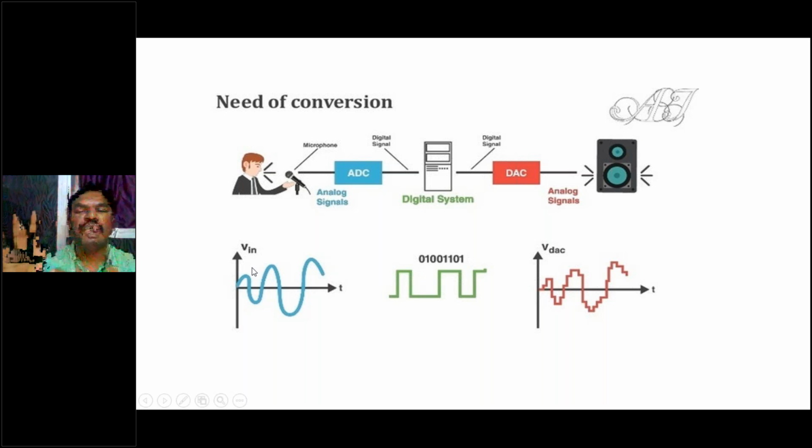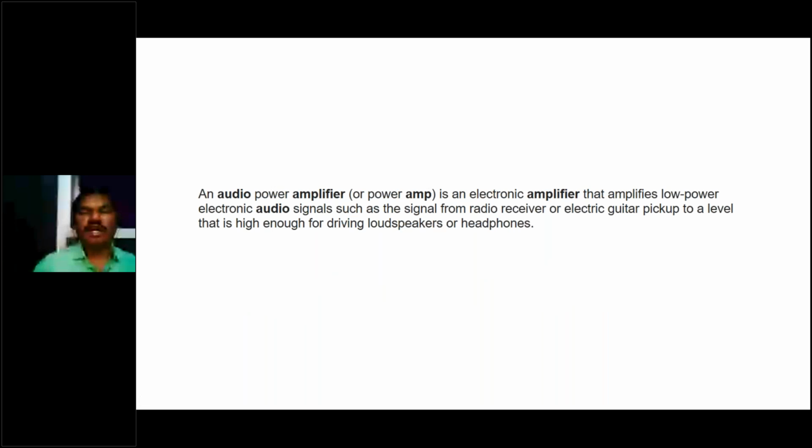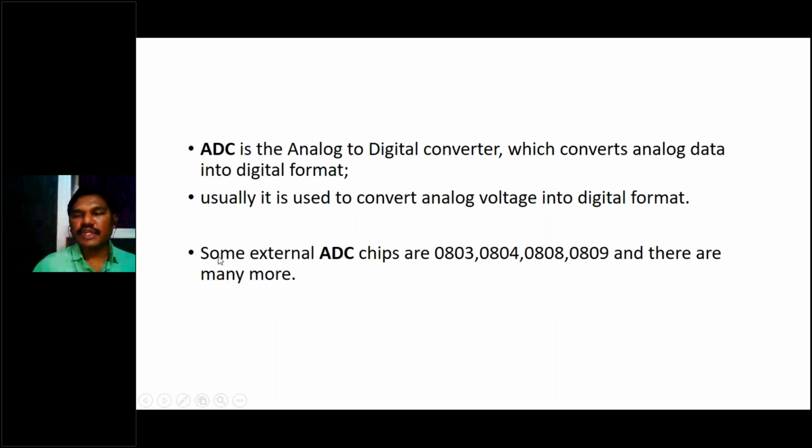This image and sound signal output on the display device is called digital to analog conversion. So this is the analog signal, and this is the digital system output stored by the digital system.